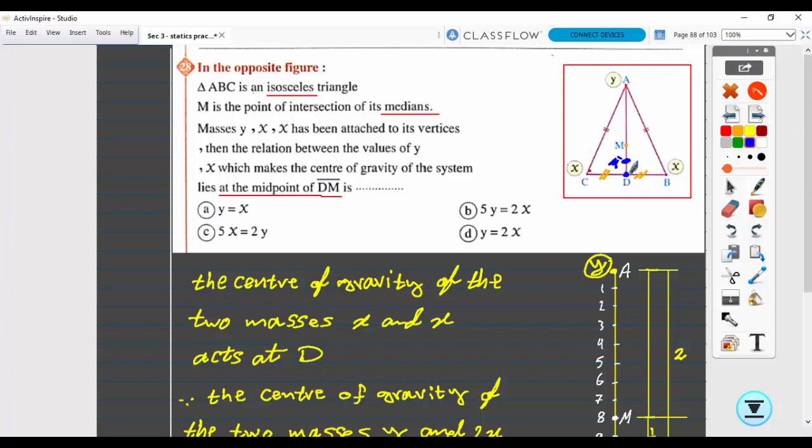Here D is the midpoint of CB, so the center of gravity of the two points x and x lies at the point D. So we can cancel these two masses and write here 2x, because D is the midpoint of CB, because AC equals AB, because ABC is an isosceles triangle.